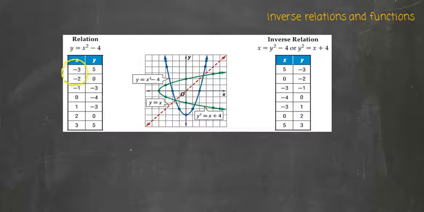Now if you look point by point, if (-3, 5), so this is just a point, is on one graph, then on the inverse graph there must be the point (5, -3), where x's and y's have changed position, right?